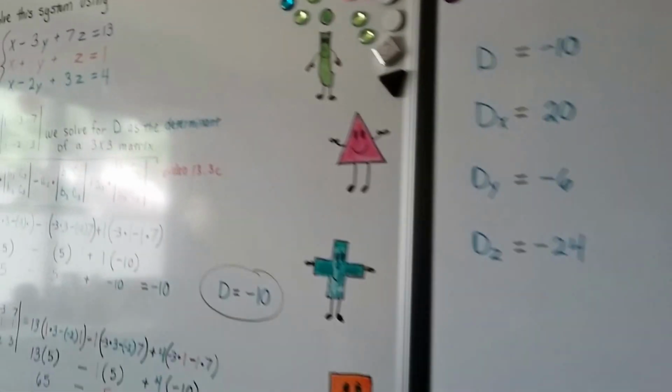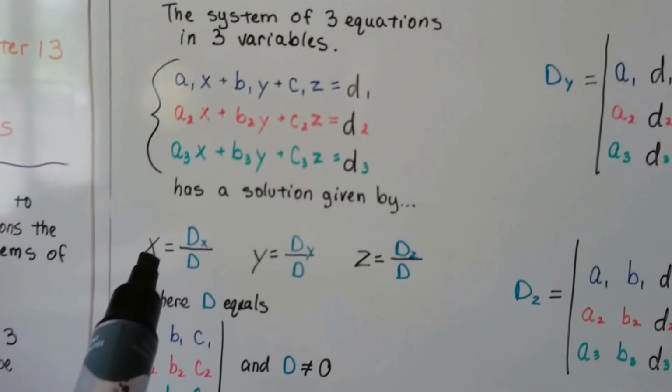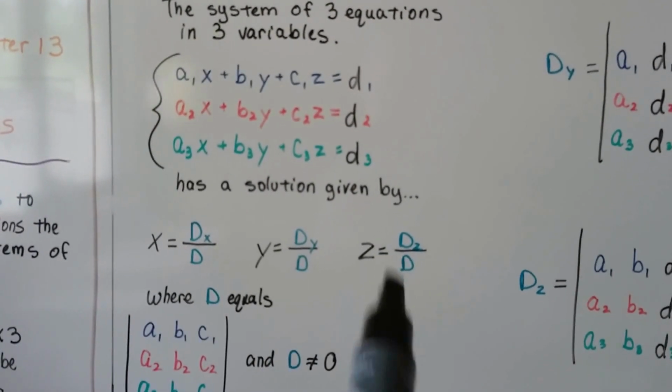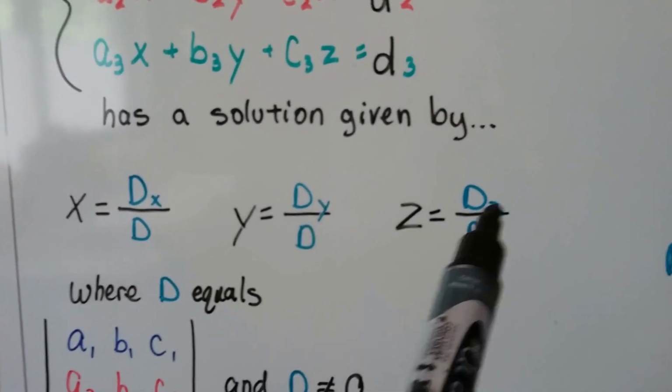So, if you remember, it said here in Cramer's rule that we find the x value with this quotient, the y value with this quotient, and the z value with this quotient. And it's easy to remember because this has got the x, this has got the y, and this has got the z, see, as a subscript.